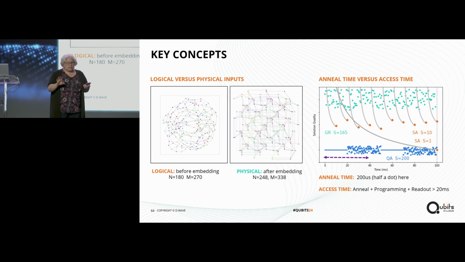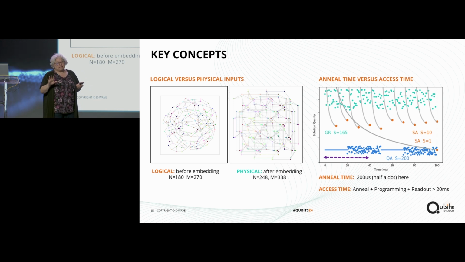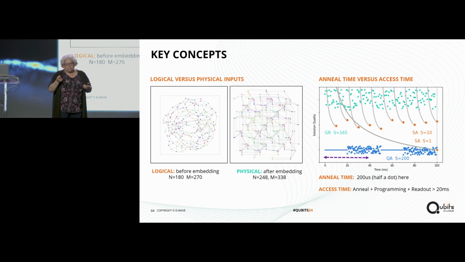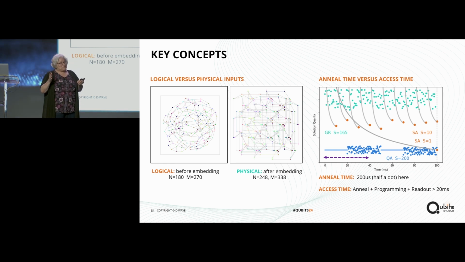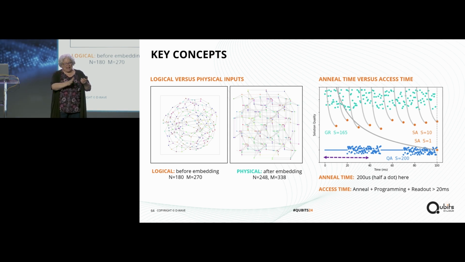The other important concept is anneal time versus access time. Anneal time is like the pure quantum computation. It's the time you set in terms of the anneal. It can range, until about a month ago, between 2 microseconds and 2,000 microseconds, so about a millisecond.